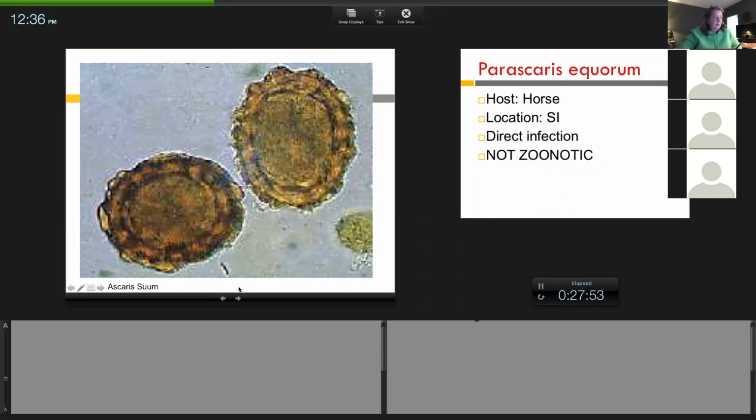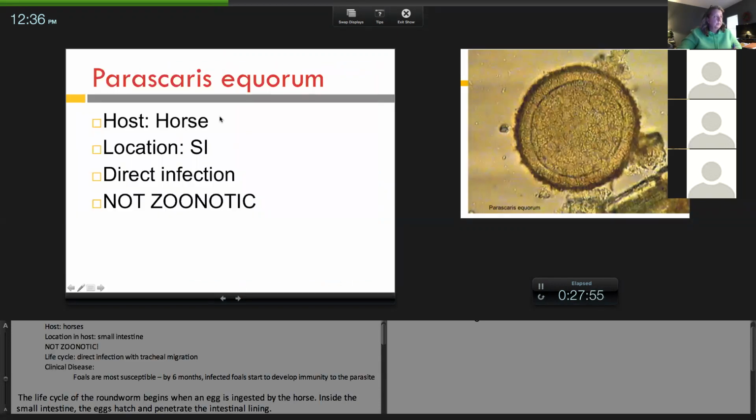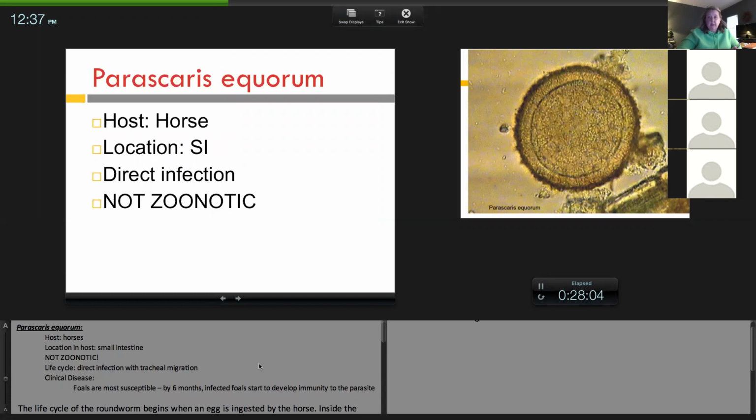So that's a difference. And then Parascaris equorum in the horse is in the small intestine with direct infection, although this one is not zoonotic, so one that we don't have to necessarily worry about. It does have tracheal migration, so again it gets coughed up and re-swallowed.